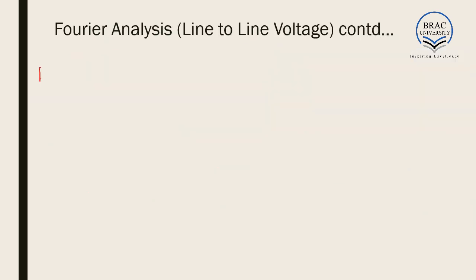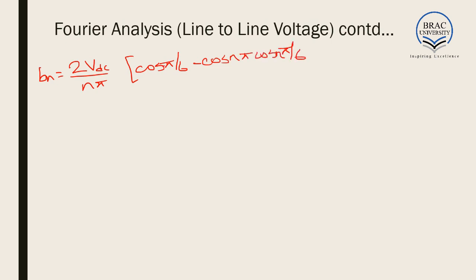So we get Bn is equal to 2 VDC divided by n pi, cos n pi by 6 minus cos n pi cos n pi by 6. From there we can write 2 VDC divided by n pi cos n pi by 6, taking it as common, times 1 minus cos n pi.